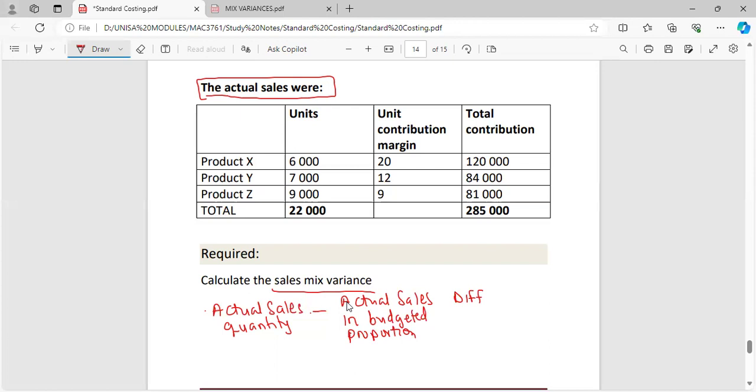Okay, it's still fine: actual sales quantity minus actual sales in budgeted proportion, then we multiply by the standard contribution. Then we have our sales mix.